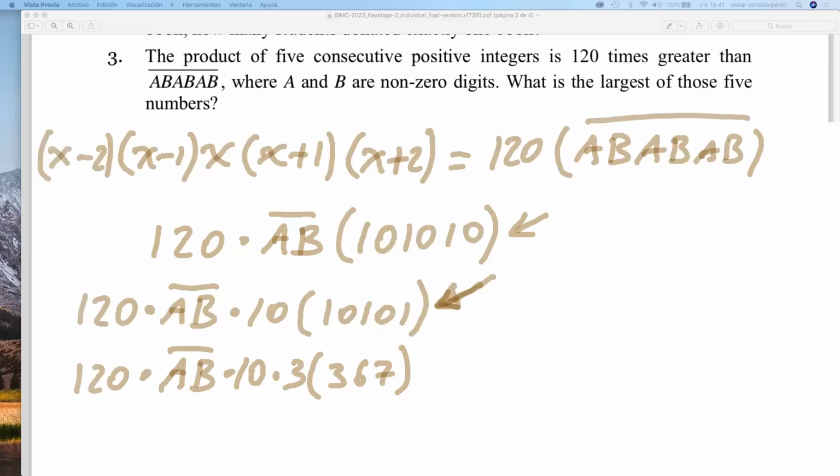And 367 divided by 2, 3, 4, 5, 7, no. 11, no. Okay, I don't know how to factor 367.